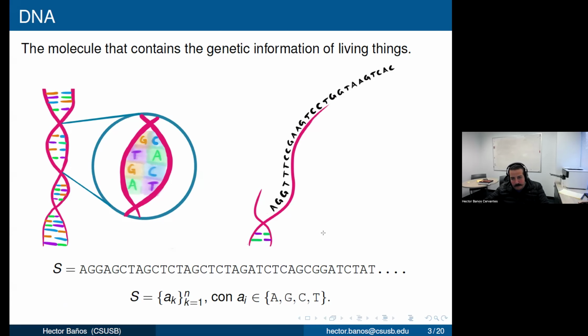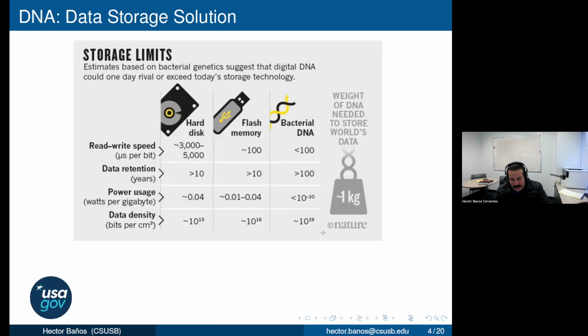Now, one thing about storing information or data is the following. If you think about a hard drive or a hard disk or a flash memory, one of the biggest issues they have is data retention, which is less than 10 years. This implies that after 10 years, you have to reread the information on that hard drive or transfer it to another, to make sure that information is there safely, because they cannot guarantee that it will be there after 10 years because it degrades.